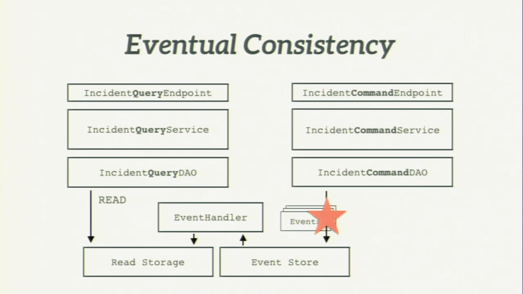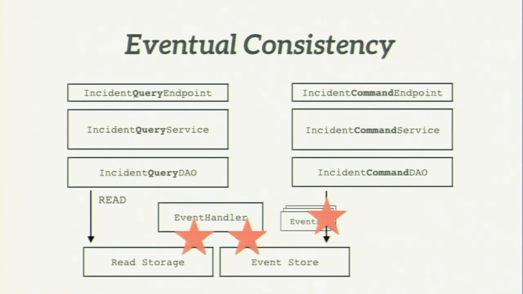So there is a consistency risk on this end. There might also be a consistency risk on the event handler's end. For instance, if we don't update the read storage immediately, if we say, okay, we do this processing of the events against the read store every minute or every 5 minutes or something like that, you might run into a risk right there as well.